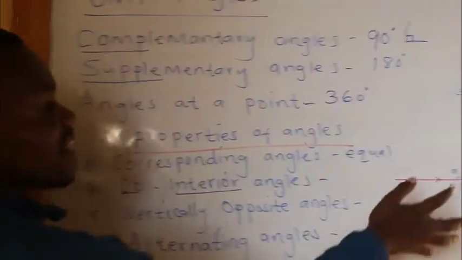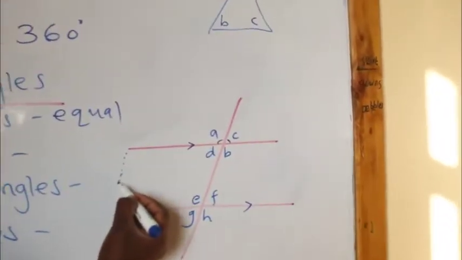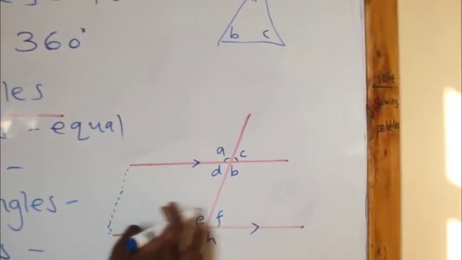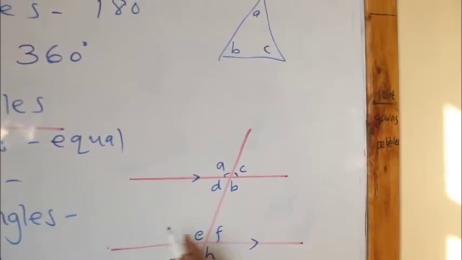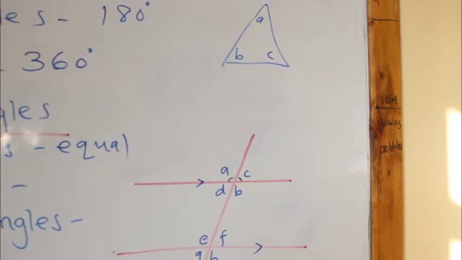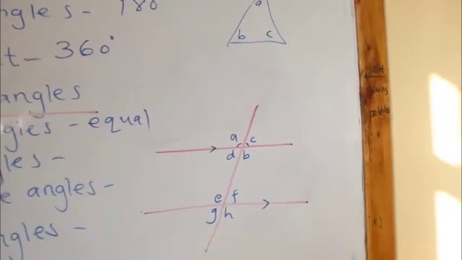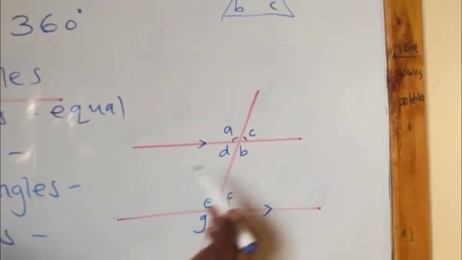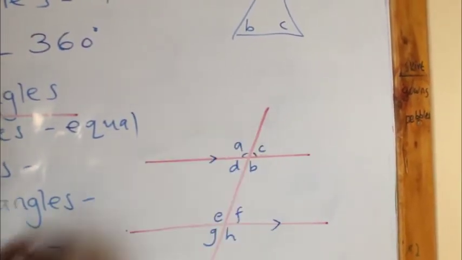If I was to enclose this diagram like that, these angles would have been interior angles. Now because it's not enclosed, B and E become co-interior angles. B and F become co-interior angles. So there are only two groups of co-interior angles here, this one and this one.